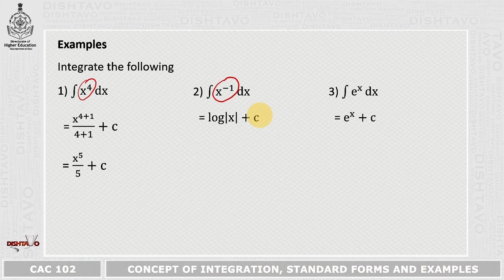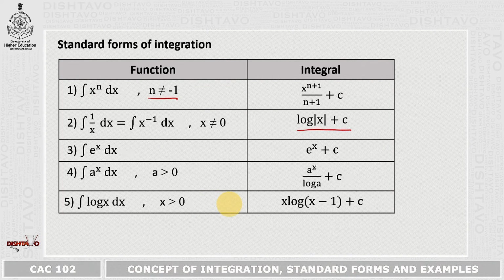Third example. In the third example, we have e raised to x. Now here, this is a special function, e raised to x. And if I compare this to the standard formulas, we cannot use the first one or second one. Directly we have the third one, that is e raised to x.